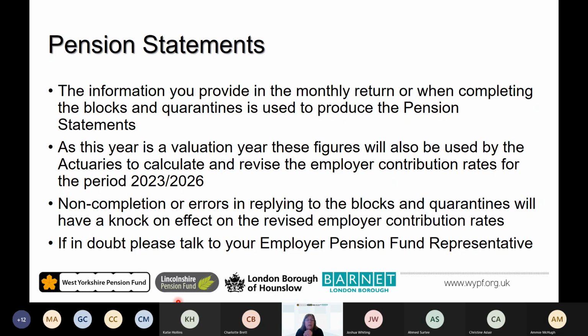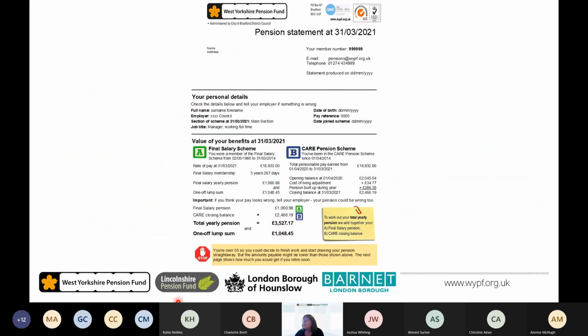So if you don't complete them or you make an error when completing your blocks and quarantine, it's going to have a knock-on effect. And it'll have a knock-on effect on the employer contribution rate. It may be too much, it may be too little. If you've got any doubts, please talk to your employer pension fund rep and we'll help you out.